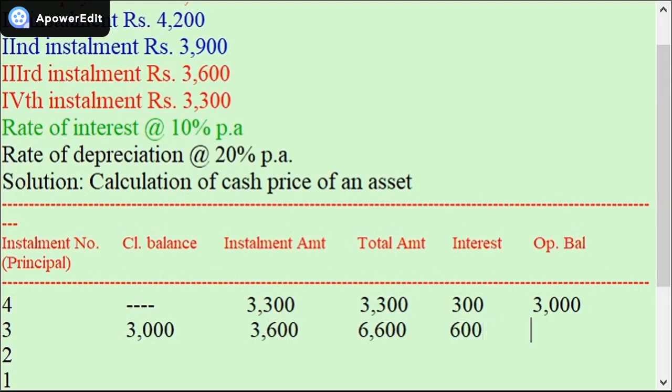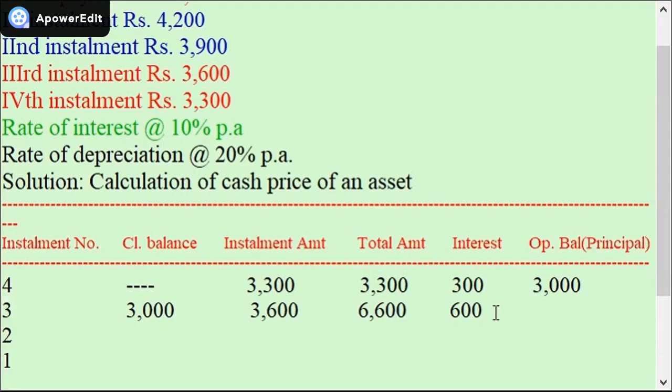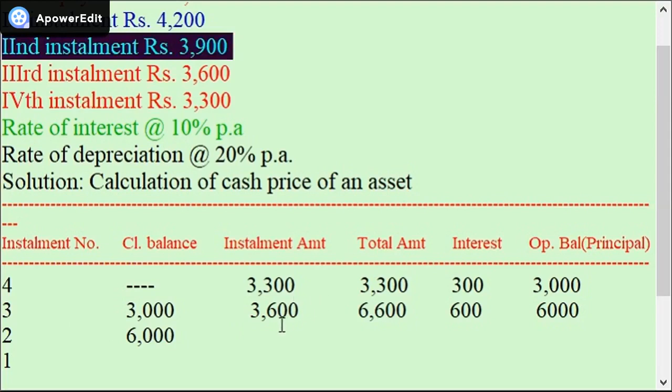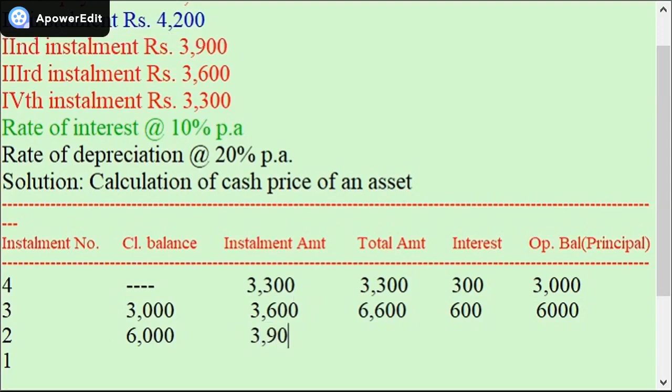So your principal amount will be 6,600 minus 600. That will be 6,000. This opening balance for third year will be the closing balance at the end of second year. So you have 6,000. The second installment amount is 3,900.